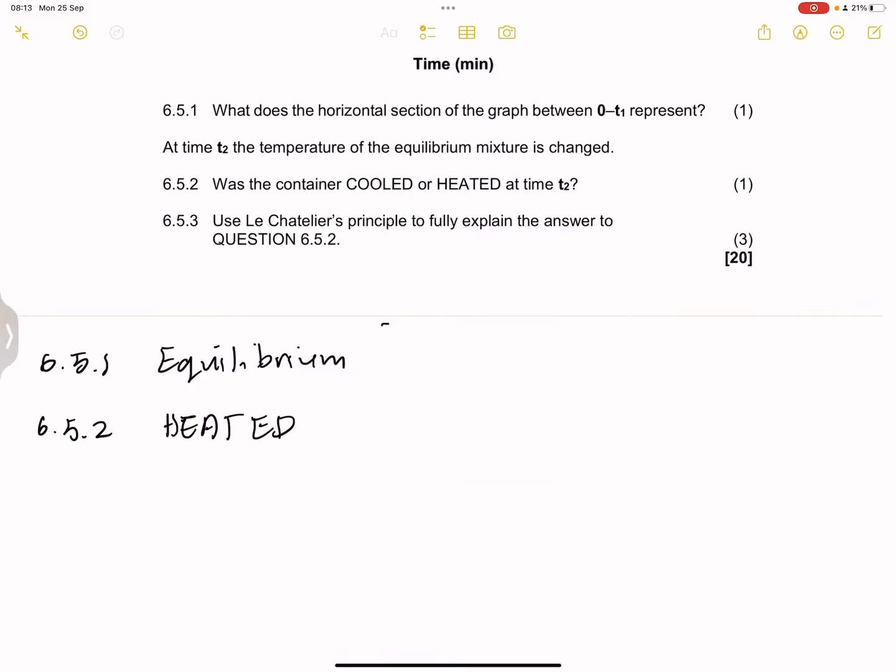And of course, they're going to want us to explain that using Le Chatelier's principle, right? So remember, we state the change. So an increase in temperature favors the endothermic reaction.